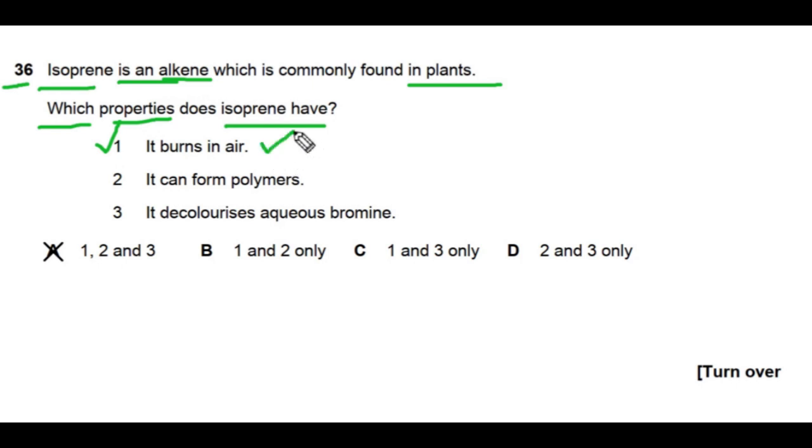It is correct because alkenes burn in air to produce carbon dioxide and water. It can form polymers, because alkenes form addition polymers. This is also correct. And it decolorizes aqueous bromine. Yes, you know, alkenes decolorize bromine water. So A is the right answer.